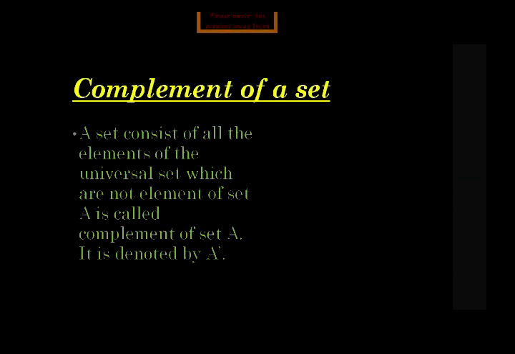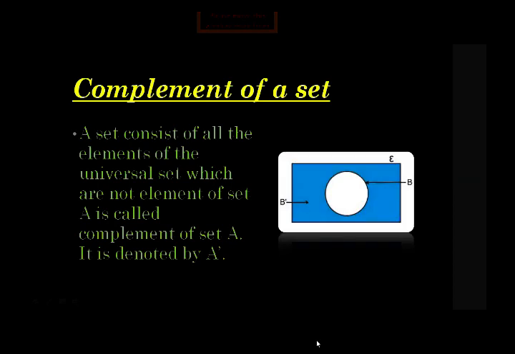The complement of a set is denoted by a dash sign. Let's suppose we have set A, so we denote it by A dash. This is the symbolic representation of the complement of a set. This is a pictorial representation of the complement of a set.